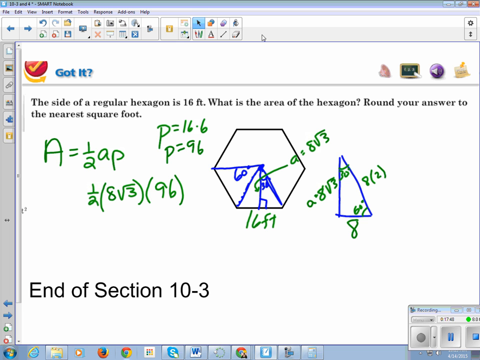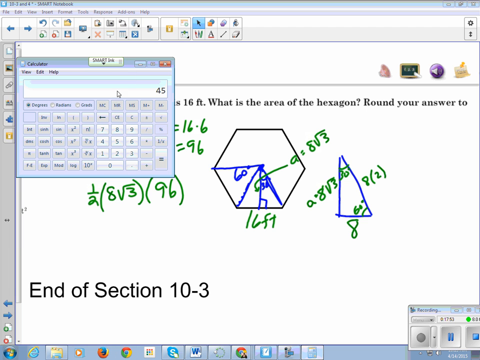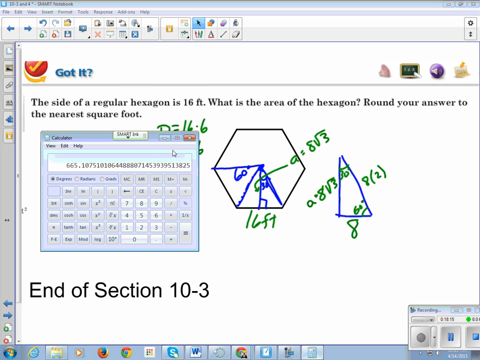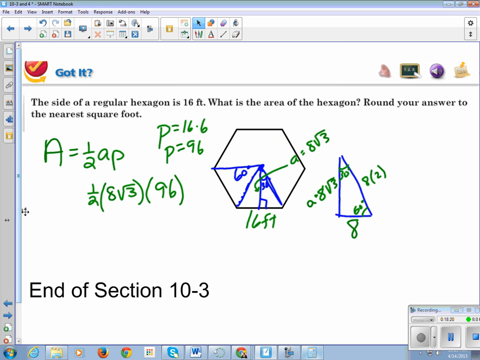And let me show you how I would do that on the calculator that I have. I would go 1/2, which is also 0.5, times 8, times the square root of 3, times 96. 665.1. It says round to the nearest square foot, so I say it's 665. So when I look at my multiple choice answers, it is B.